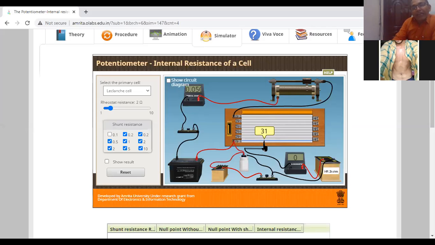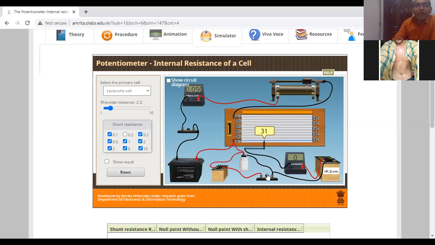Similarly, now again take out this key K2 and now insert another value of shunt resistance, and again press this key K2. Now again, you have to find out the balancing length and so on. Again, you have to measure L1 and L2 each time.